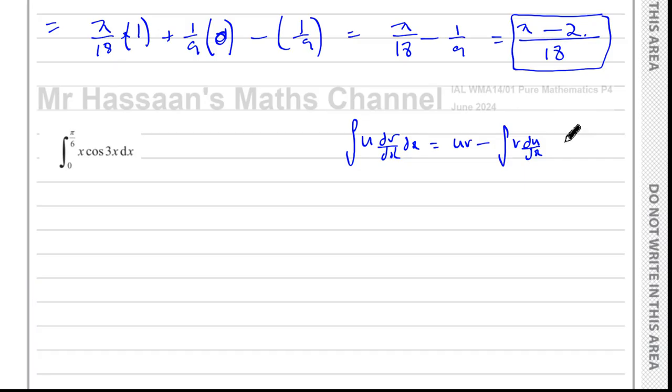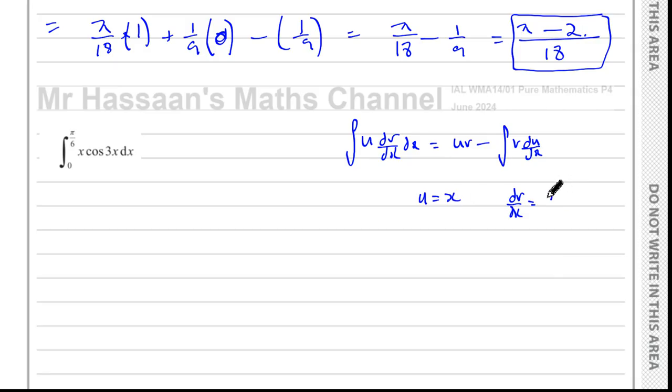Okay, so this is a formula which is in the formula sheet. What does it mean? Basically, u is the product that differentiates, and dv dx is the product that integrates. So you got to choose one of them as u, and the same reasoning goes behind it, that it's the one that breaks down.